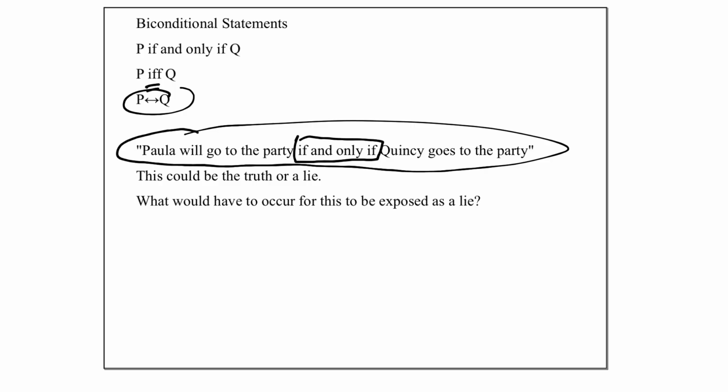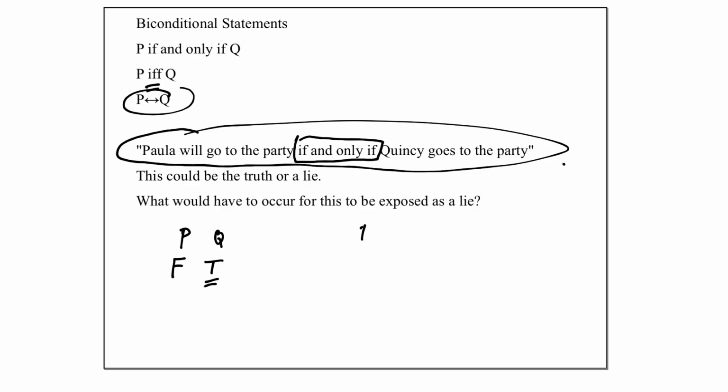So what would have to happen for the person who says this to be lying? Well, for one thing, if P was false, if Paula didn't go, but Quincy did go, that would mean the person was lying, because they're saying that Paula will go if and only if Quincy goes. So if Quincy goes but Paula doesn't, this thing would be a lie.